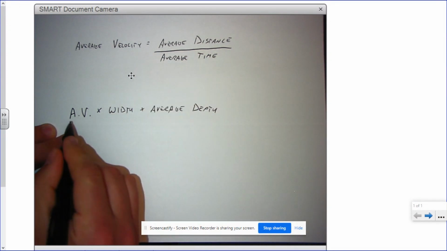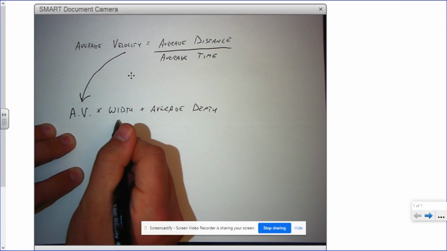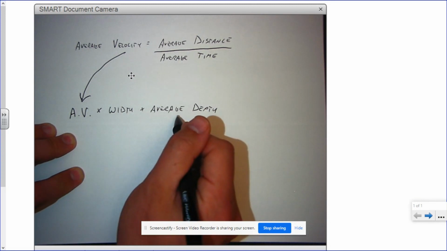So our average velocity times however wide our stream measurement was, and then the average of all those depths that we took going across the stream.